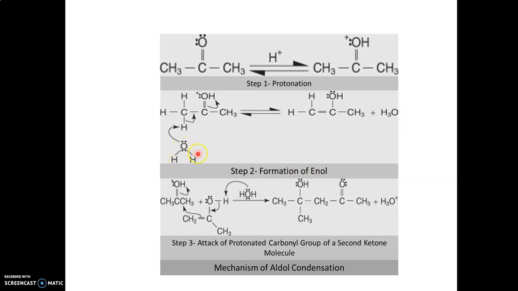Here the water molecule behaves as a base and will remove the acidic alpha hydrogen, resulting in the formation of enol. And the last step is the attack on the protonated carbonyl group of a second ketone molecule, resulting in the formation of the aldol product. So this is all about the mechanism of aldol condensation in the case of the ketones.